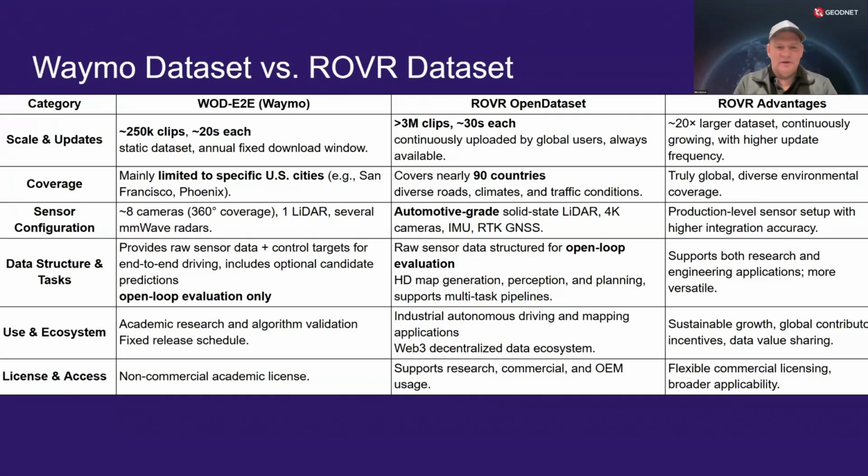I would echo the same things around the scope, the geographic coverage, and a commercial bent. I think Waymo is wanting to advance the state of the art of research. That's their goal, so that the entire platform and algorithms of autonomous driving at a research level get advanced, because it's a very difficult technical problem.